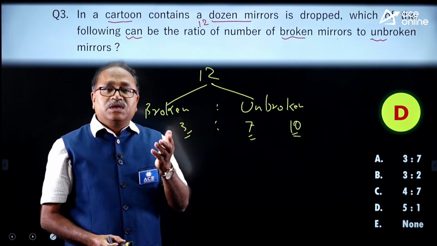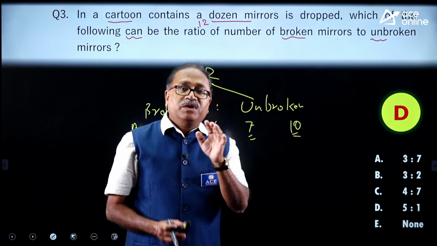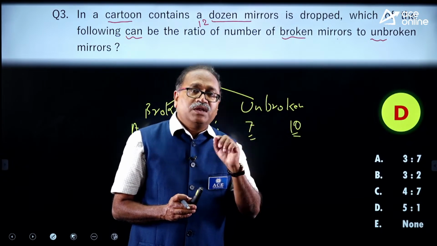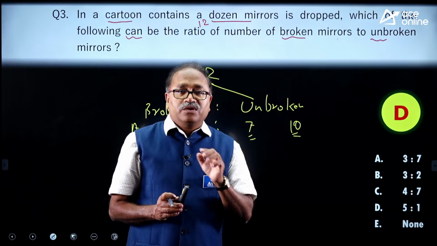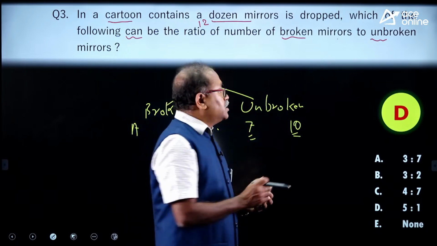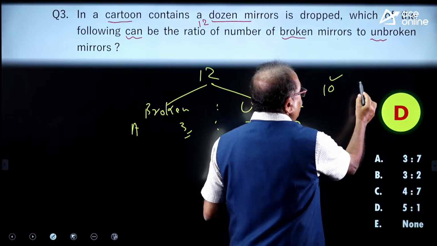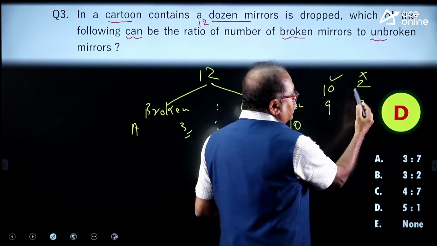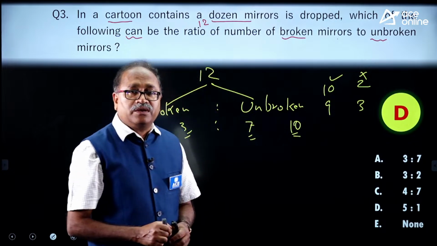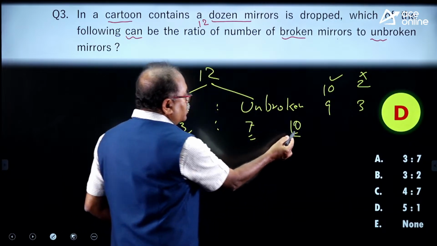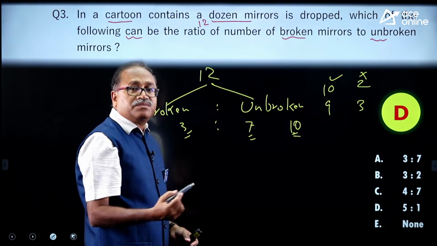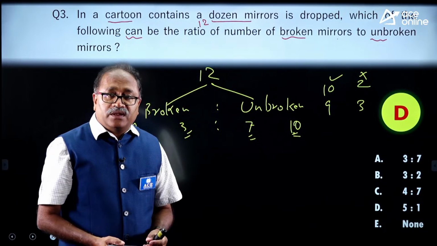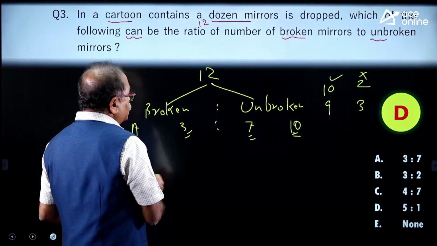So, you cannot say 10.5 mirrors are broken and 1.5 mirrors are not broken. You cannot say that. Either 10 mirrors are broken and 2 are not, or 9 mirrors are broken and 3 are not, so it should be an integer. That means whatever the total comes to, the sum of the terms of the ratio should divide 12. So A is no.